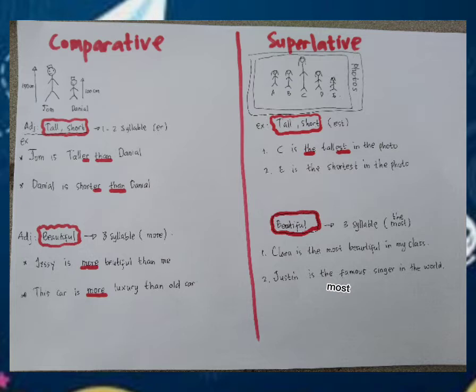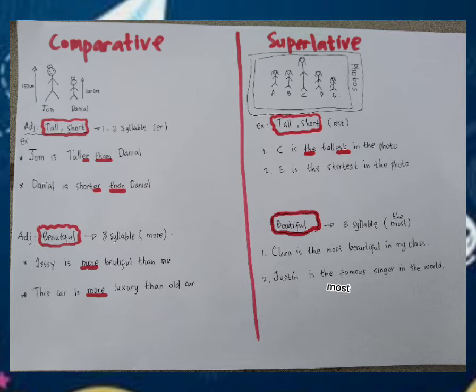Let's see how we apply comparative. You may say Tom is taller than Daniel. For one or two syllables, you must add er at the end.